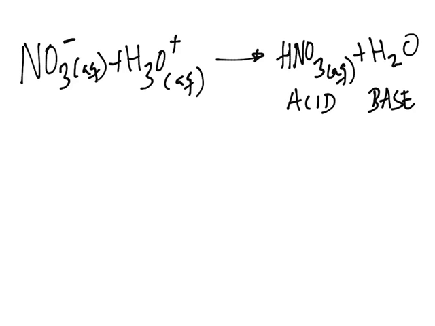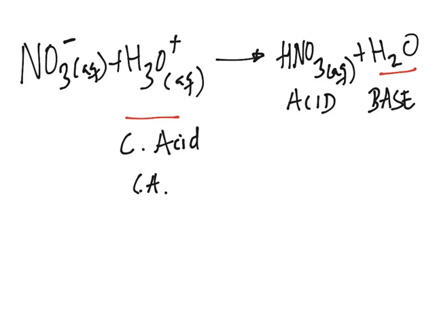It is the same case, so you have to look at it the same way. Which of these is giving off a proton? When you look at this, H3O plus is becoming H2O. So it is losing or giving that H. So we will call this our conjugate acid, or C acid.